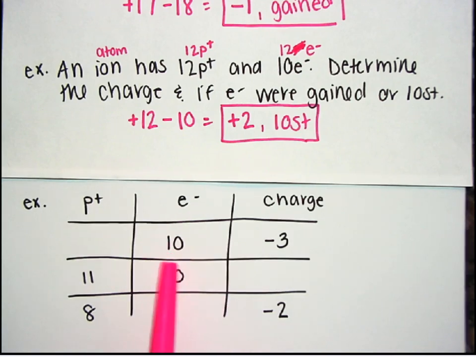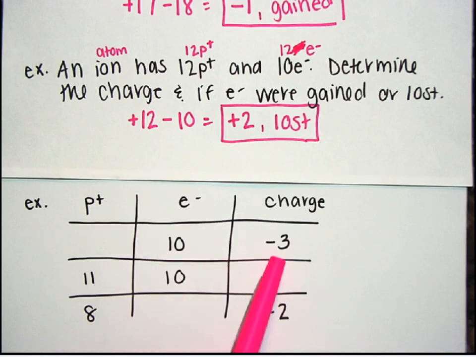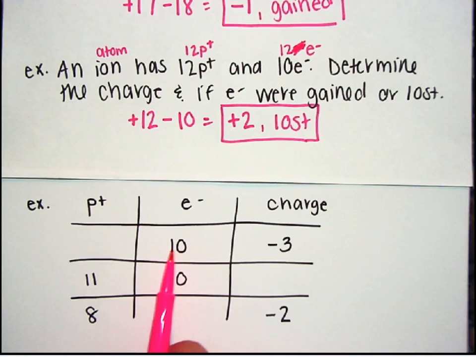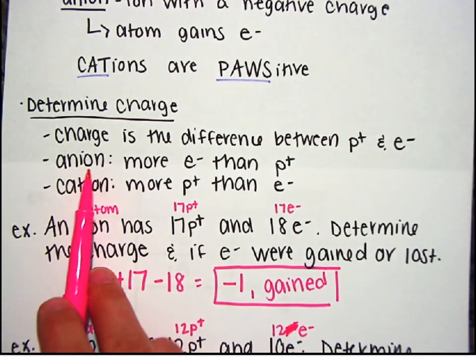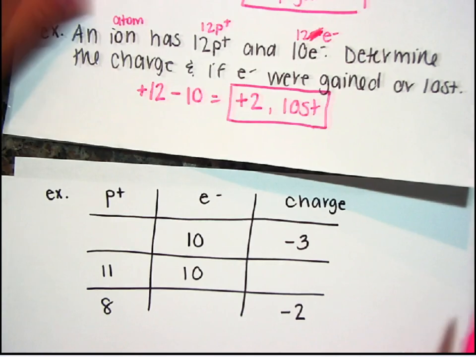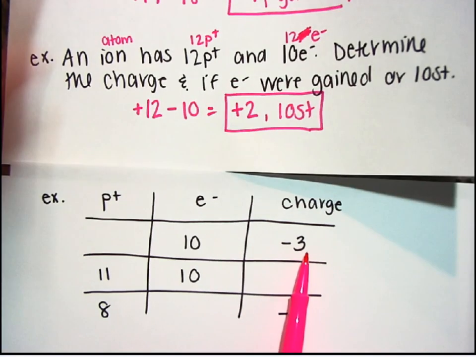I have 10 electrons, and the charge is -3. Since it's negative, I know there are more electrons. If it is an anion, which means it's negative, there are more electrons than protons. And since the charge is -3, it means there are 3 more electrons.